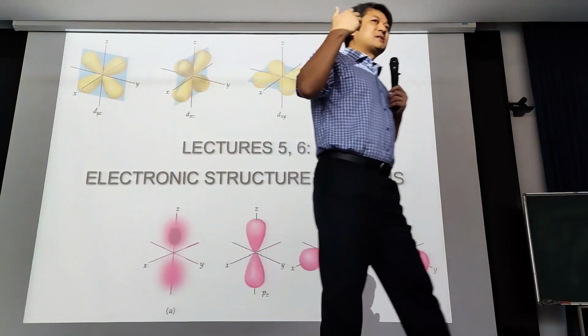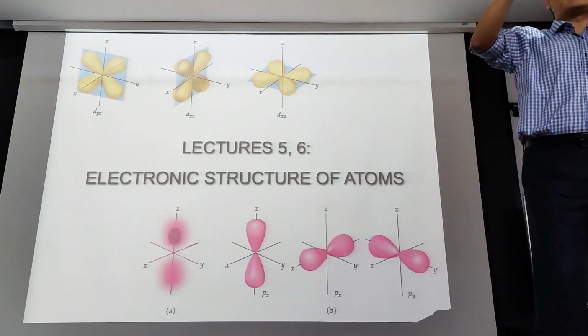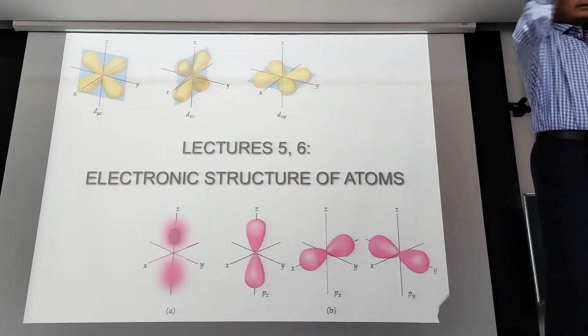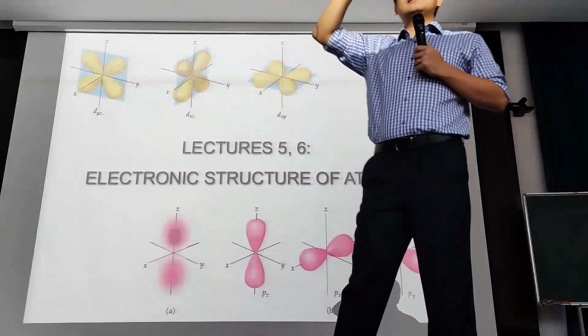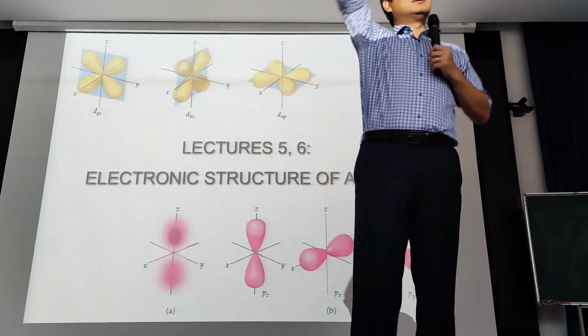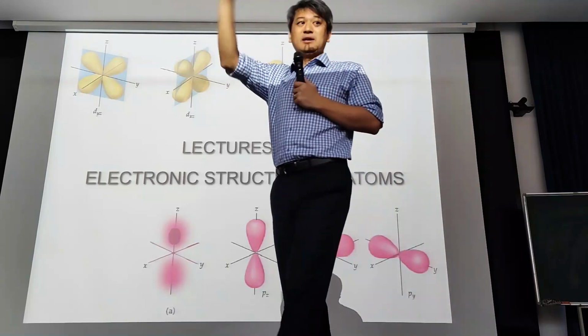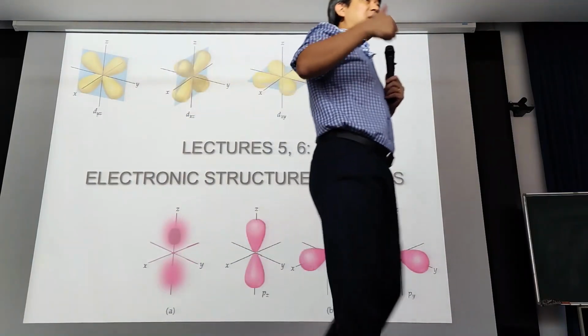So let's first consider the case of only one electron. You have the nucleus, and the electron runs around. But then, how does this electron run around the nucleus? What could be the distance between the nucleus and the electron?